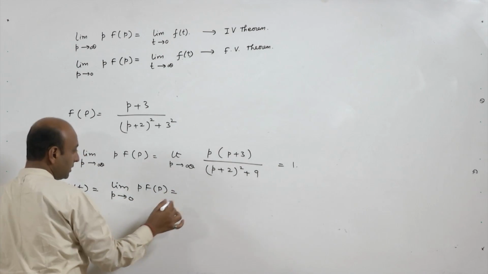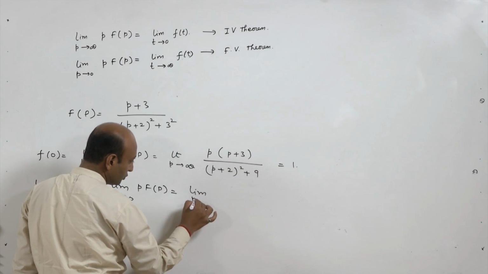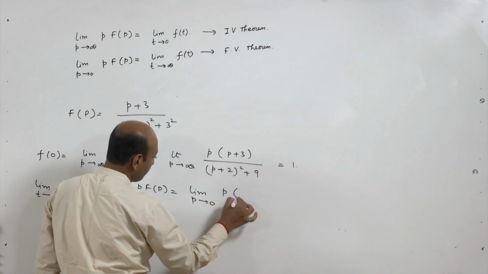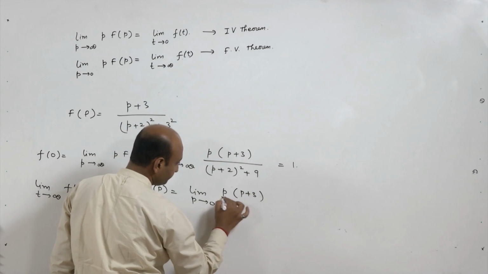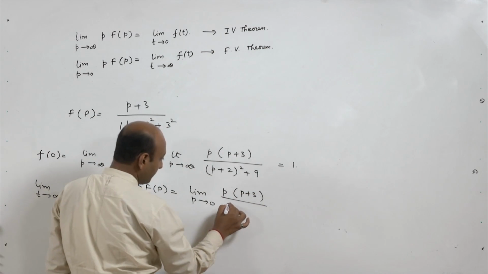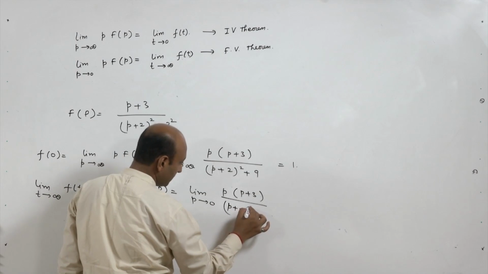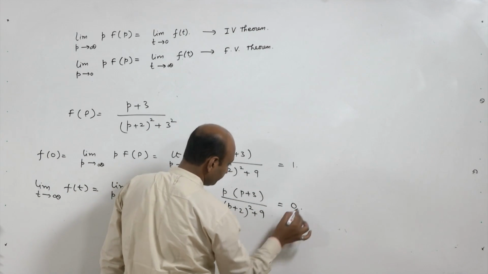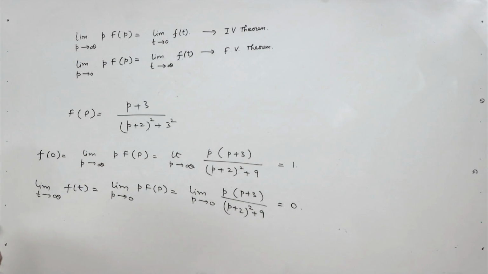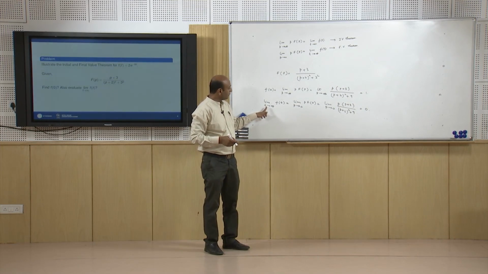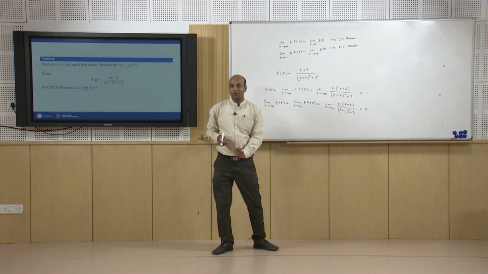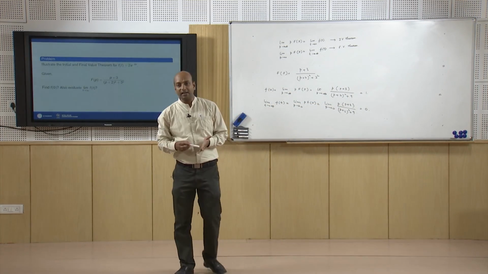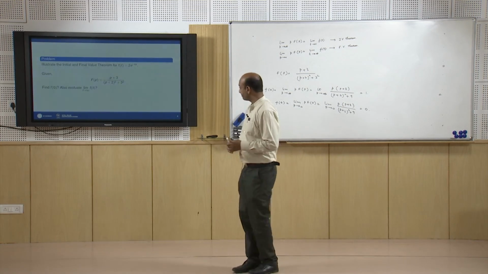And it is nothing but limit p tending to 0 of p into (p plus 3) upon ((p plus 2) whole square plus 9), and that is equal to 0. So limit t tends to infinity f(t) is nothing but 0. So that also we can find using the initial and final value theorems.